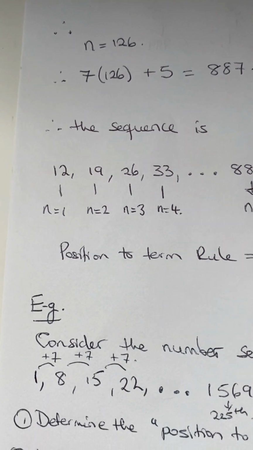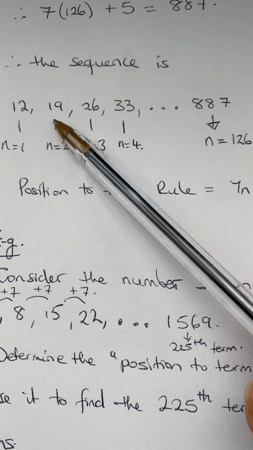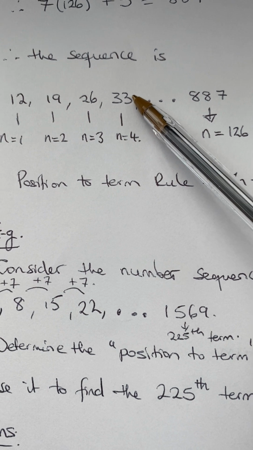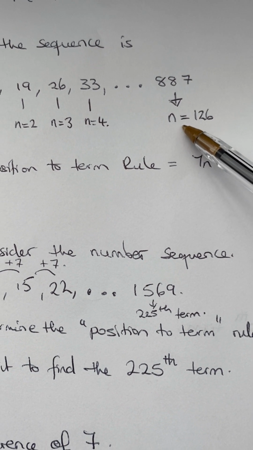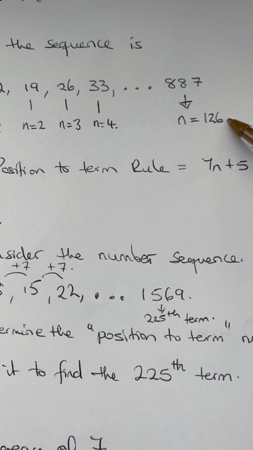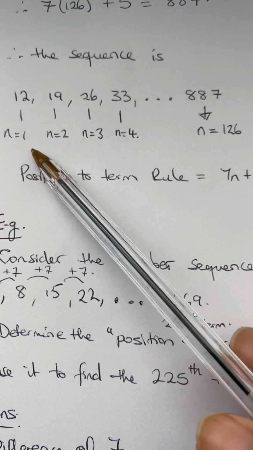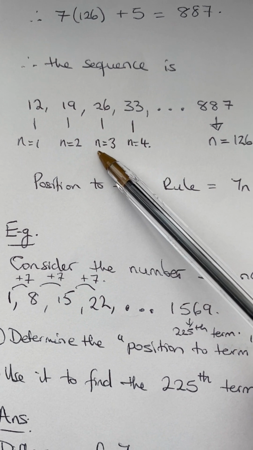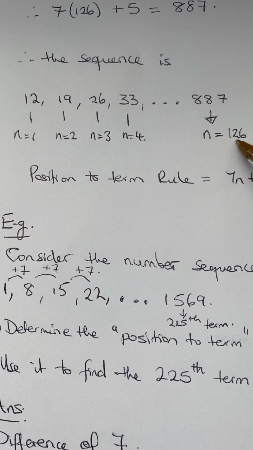So therefore, the sequence is 12, 19, 26, 33, and we want the 126th term. We can decide to skip terms, find the position to term rule, and use it to find whatever term we want.